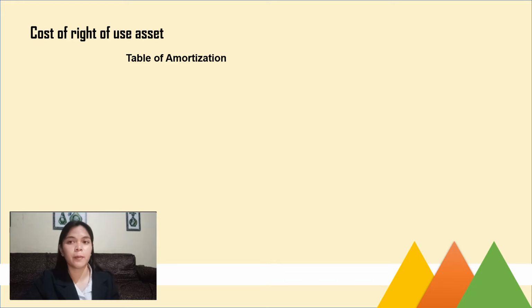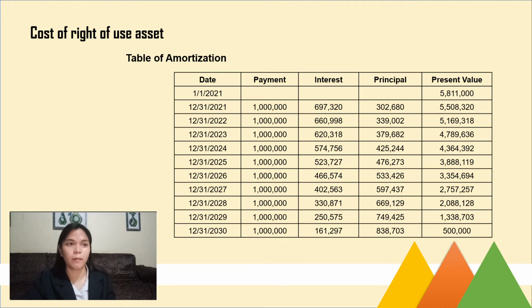So, here we have the table of amortization. Kanina meron din ganito. Kaya tayo nag-arrive sa mga value na to kasi yung sa payment, it represents the fixed annual rental payment. So, yung interest is equal to the preceding present value multiplied by 12%. For example, yung sa 2021, 5,811,000 times 12% is equals to 697,320.